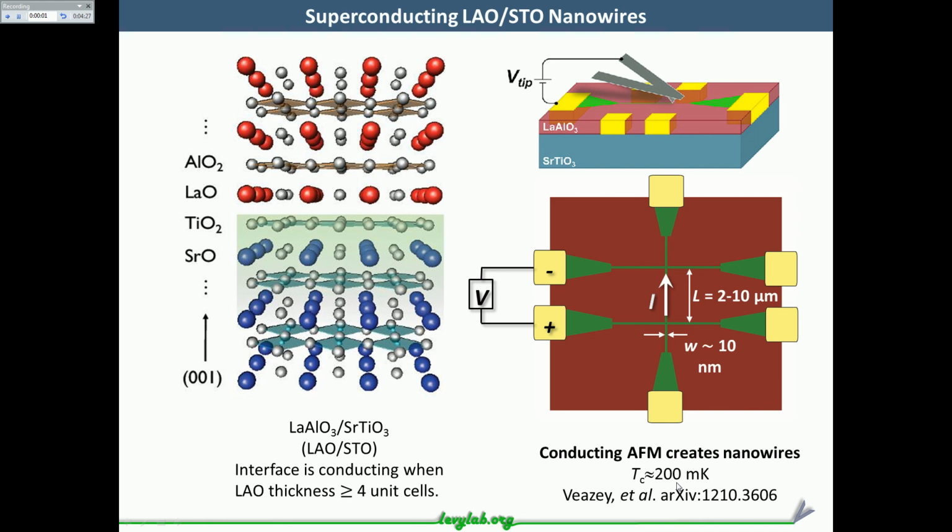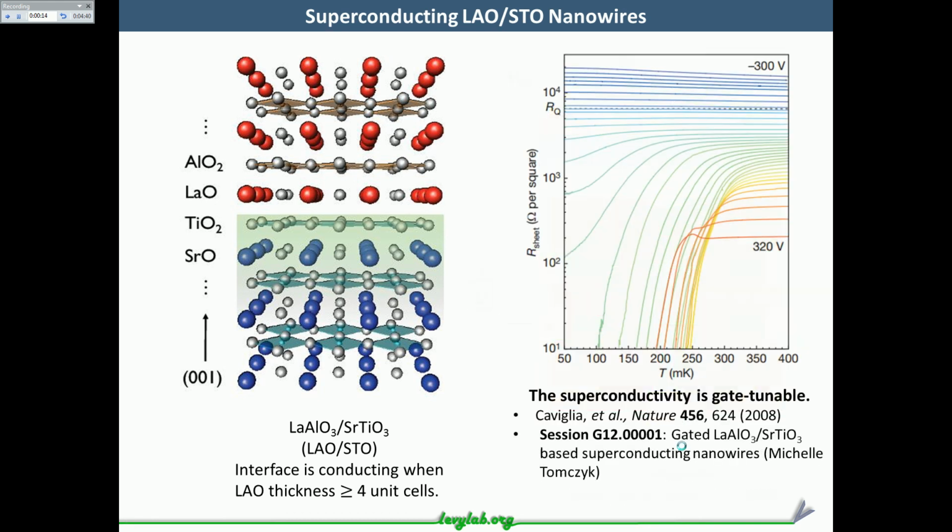What we do, which I'll say more about in a moment, is create superconducting nanostructures, also at critical temperatures of about 200 millikelvin. The superconductivity in the system is gate tunable both in 2D, which was published in 2008, and also in 1D, which will be discussed by Michelle in session G12. It was discussed.